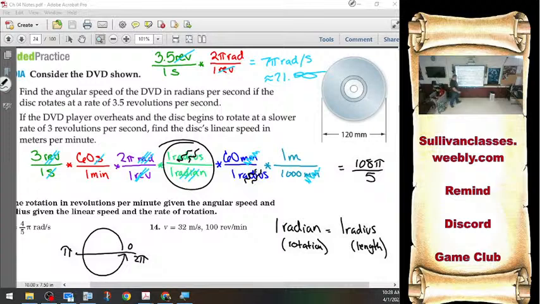A radian is a radius. Okay, a radian is that much rotation. A radian is 1 radius of arc length. 1 radian of rotation is 1 radius of arc length, because I'm taking this radius and I'm going that far around the circle.